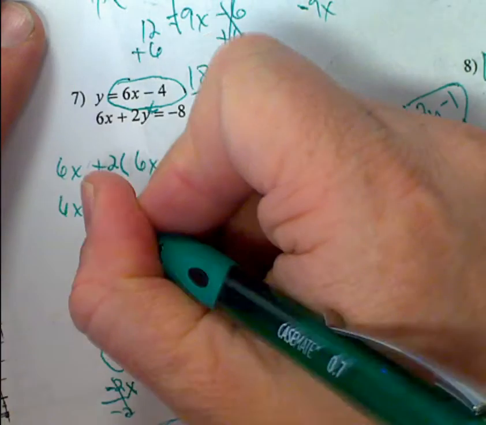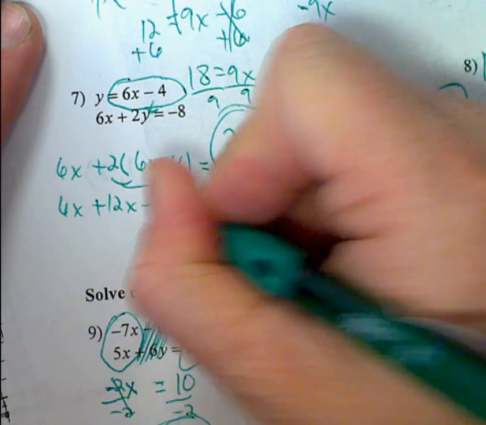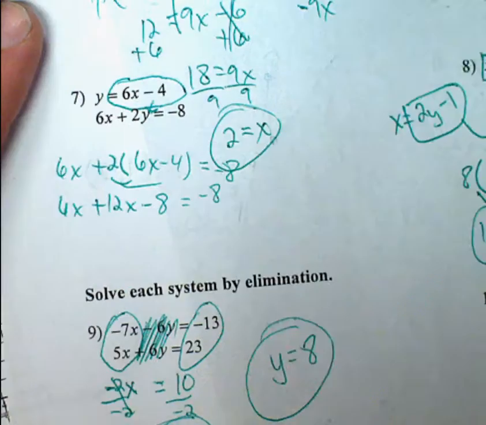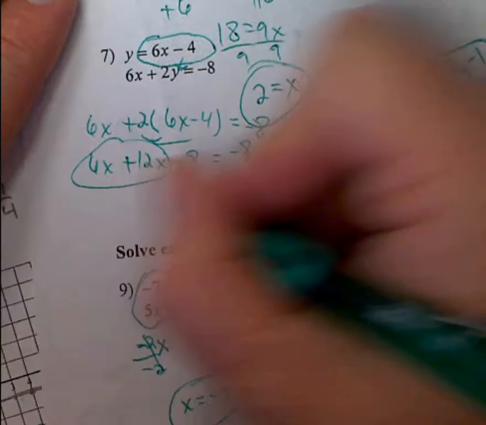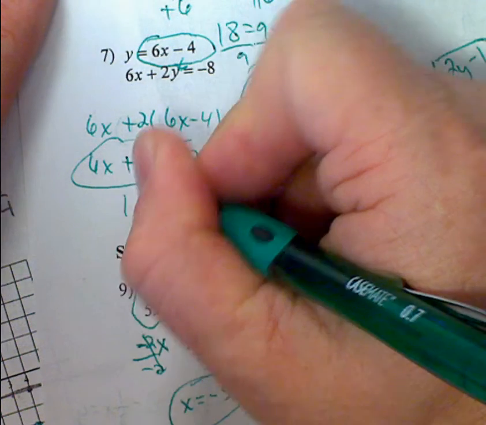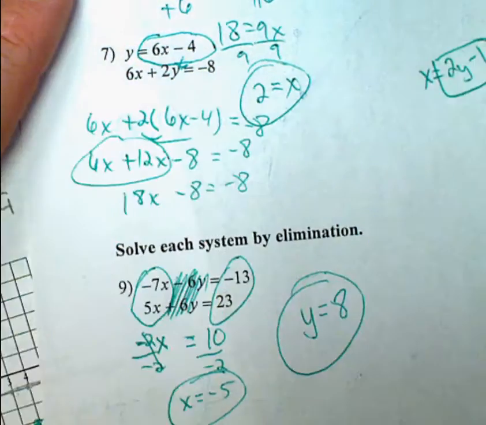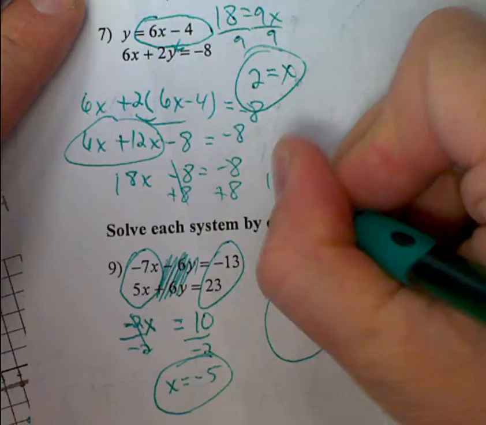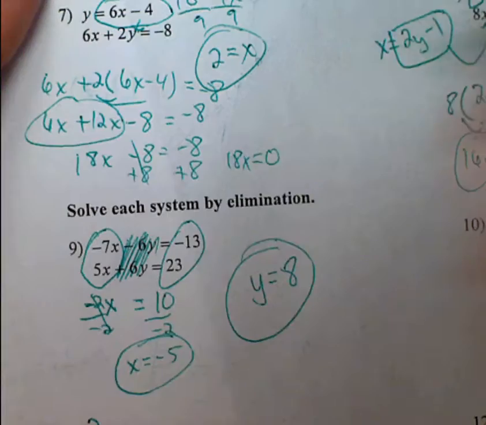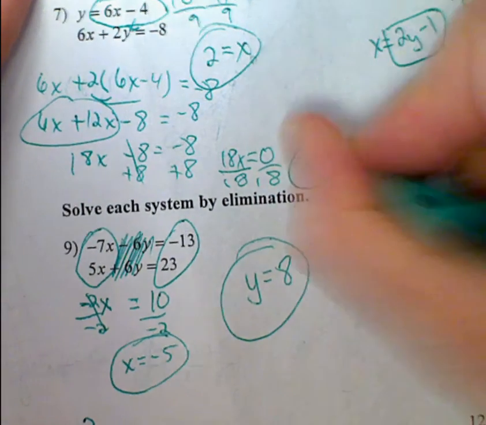If I distribute the 2, I get 6x plus 12x minus 8 equals negative 8. Combine like terms on the same side. That gives me 18x minus 8 equals negative 8. Add 8. 18x equals 0. Divide by 18. X equals 0.